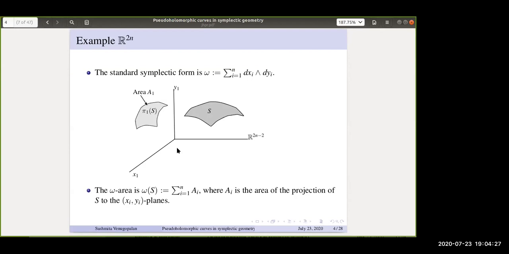On each of these projections, you calculate the honest Euclidean area, and you add these up, and what you get is the omega area. So that's what the second point here says: the omega area is the sum of n areas, A_i, where A_i is the area of the projection of S to the x_i, y_i plane.